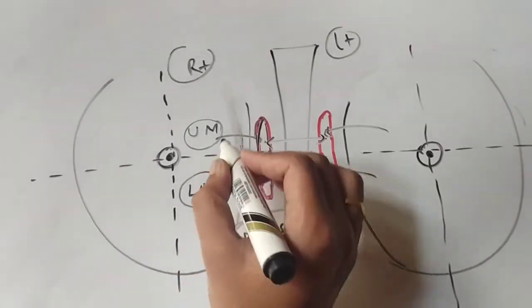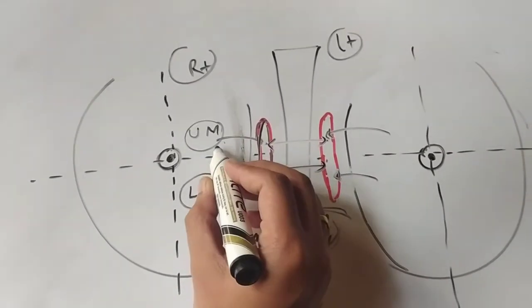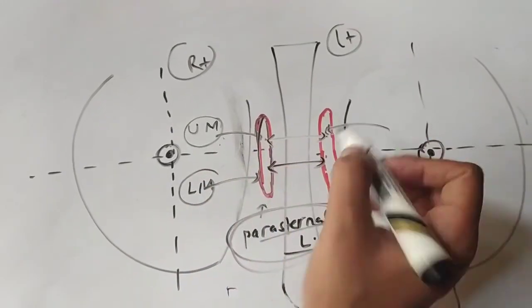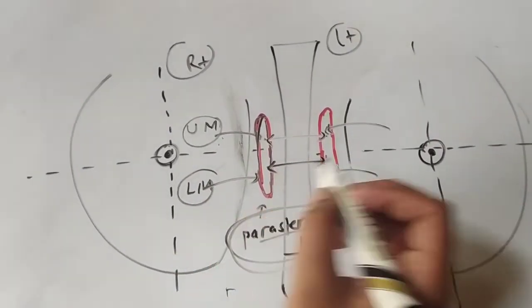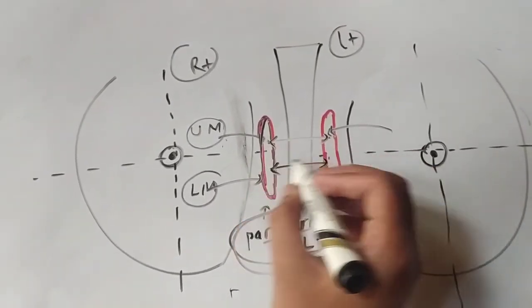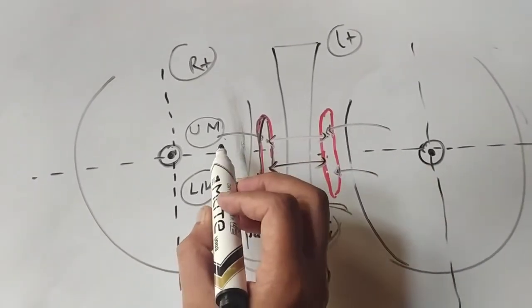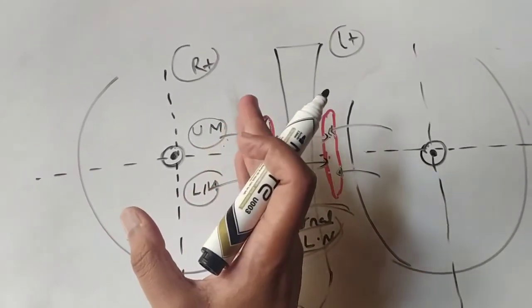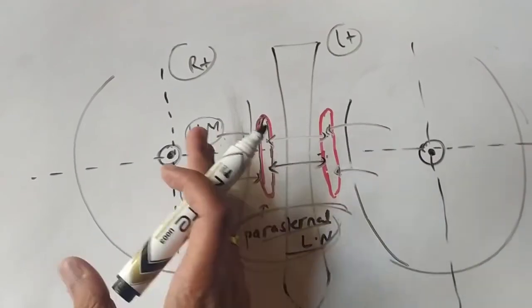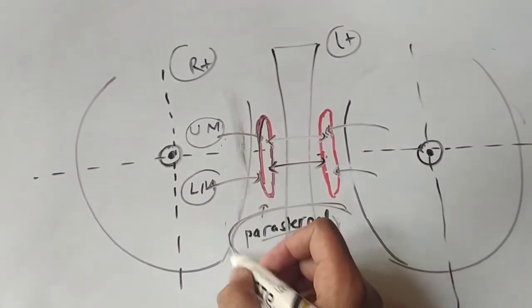So that is why if any cancer arises in the upper medial or lower medial quadrant of the right breast, it can easily enter into the left breast also via the parasternal lymph nodes, as the parasternal lymph nodes of both the right and left side are connected. That is why cancer present in the right breast, especially in the upper medial and lower medial quadrants, can easily go into the left breast as well via the parasternal lymph nodes.